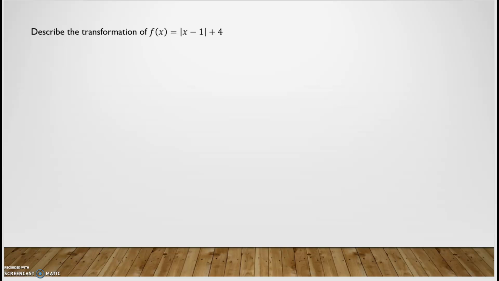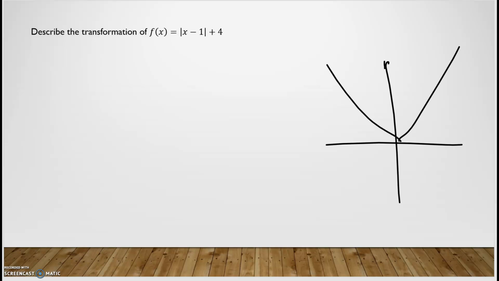Okay, describe the transformation. Well, we know that it is absolute value, so the basic would be just a V. Notice how we have a negative 1, so we shifted to the right by 1, and then we went up 4, so 1, 2, 3, 4. So our graph should look like this right here.